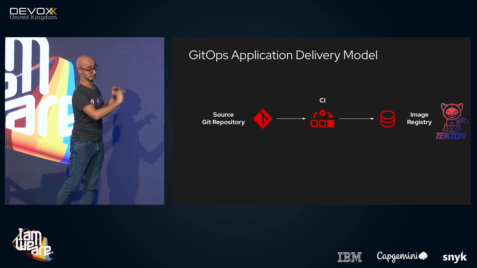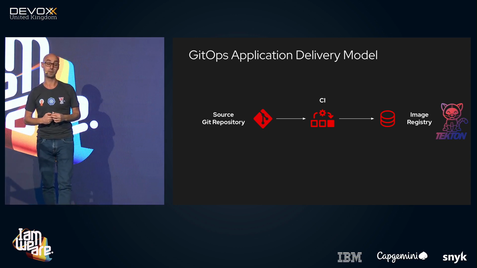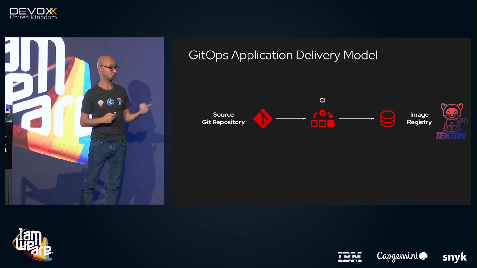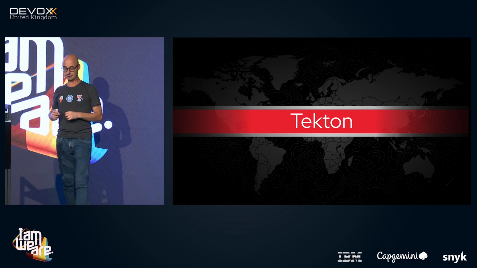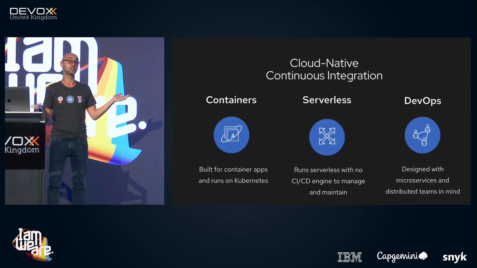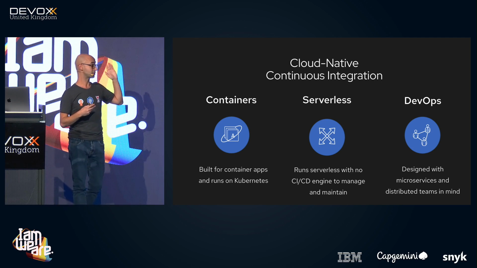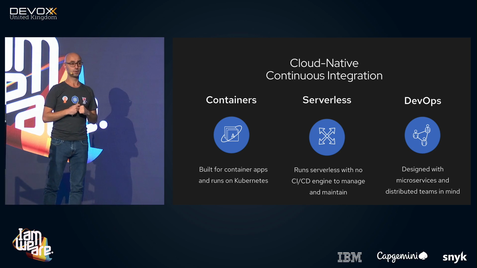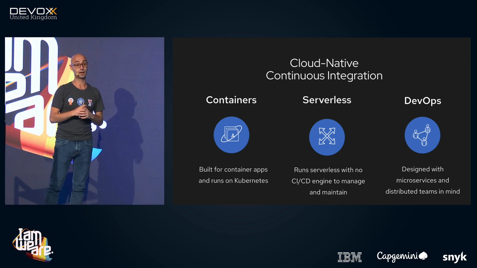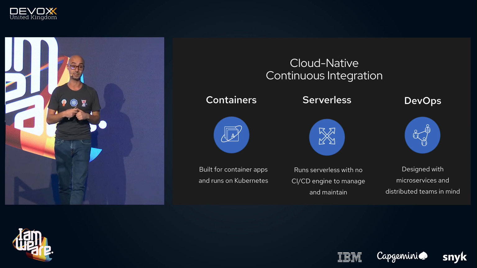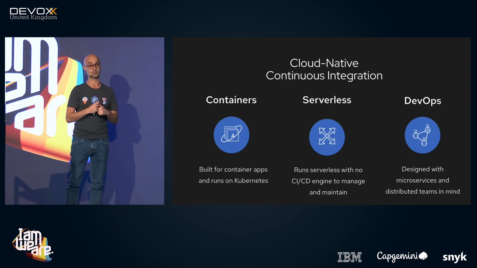And this part, if you want to be Kubernetes native, is done with Tekton. Tekton is just a cloud-native continuous integration tool that lets you build containers. And that's really important because Tekton runs inside a Kubernetes cluster and lets you create containers inside this Kubernetes cluster.